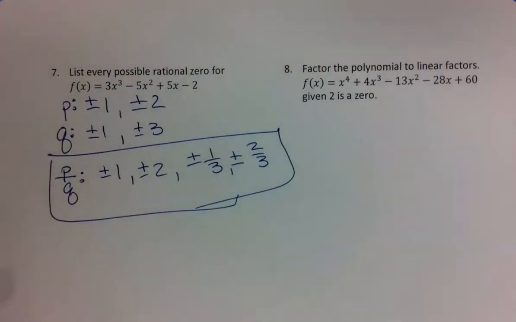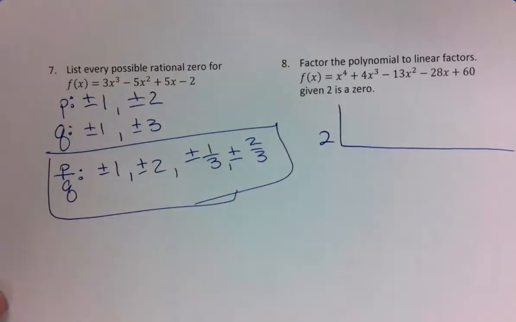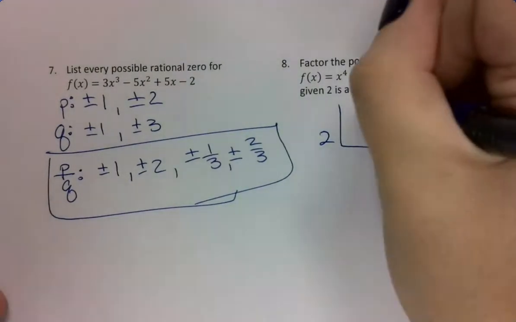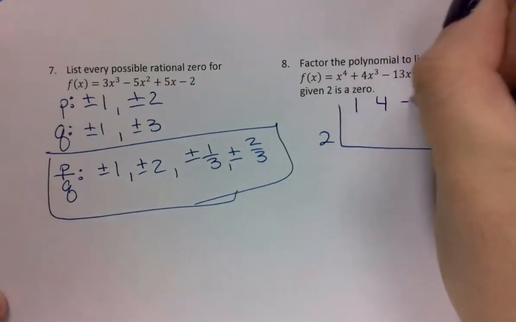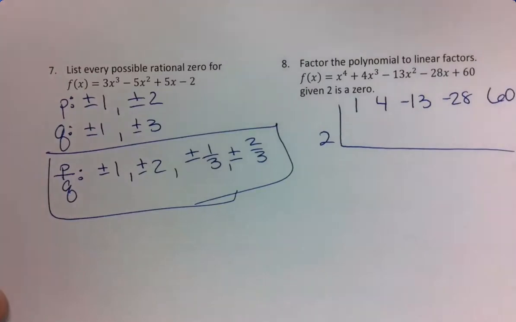On number 8, it wants me to factor the polynomial to linear factors, and it gives me a 0. So I'm going to start off by using synthetic division. 2 is the number on the outside, and my coefficients are 1, 4, negative 13, negative 28, and 60.